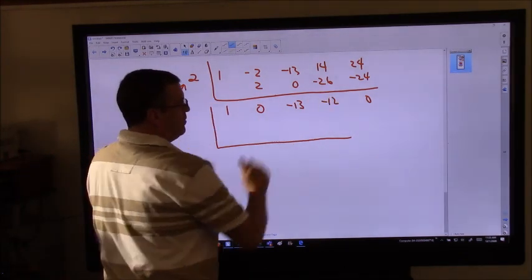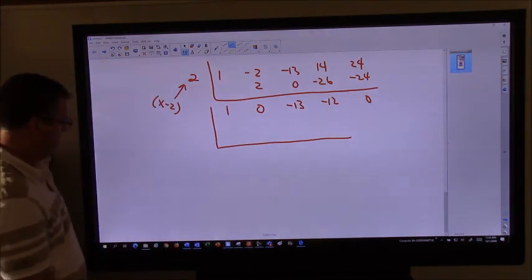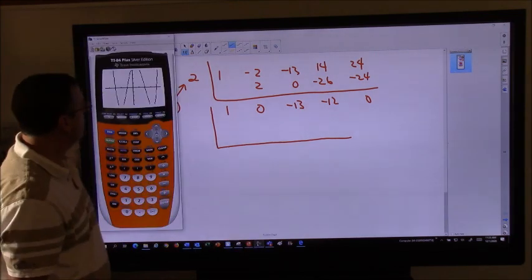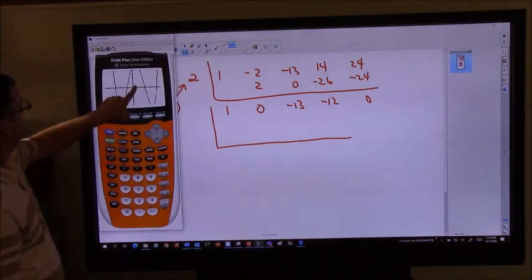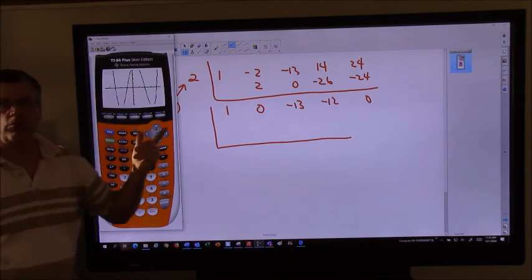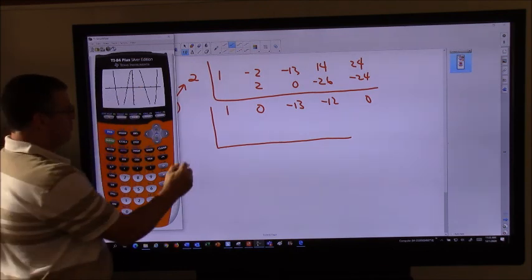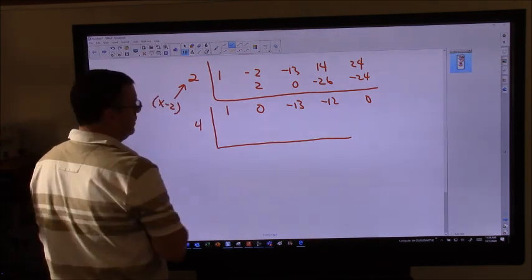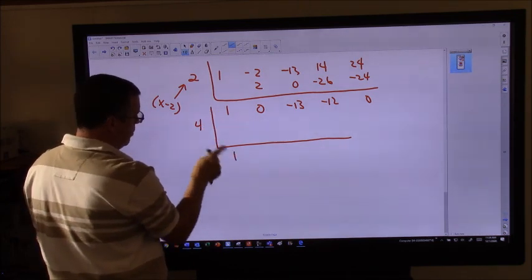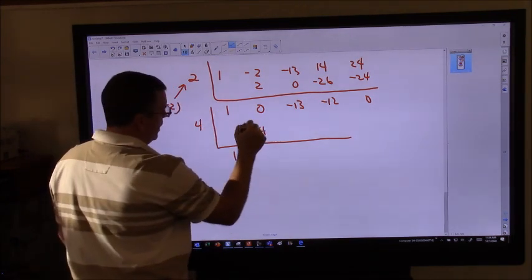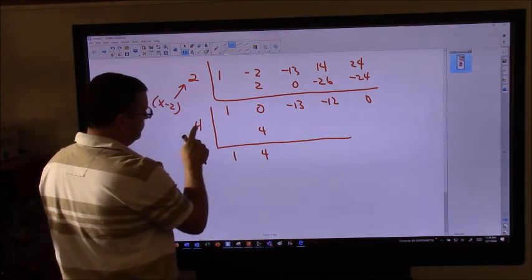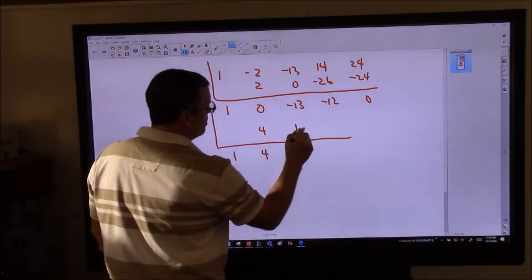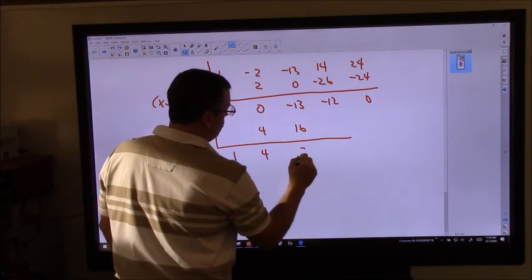I'm trying to factor this a little bit farther. So if I go back and look at the graphing calculator, let's see, 1, 2, 3, 4. 4 should work. So let's try that. I'll bring the 1 straight down, multiply, I get 4. Add that to 0, we get 4. Then I get 16. Add those, you get 3.